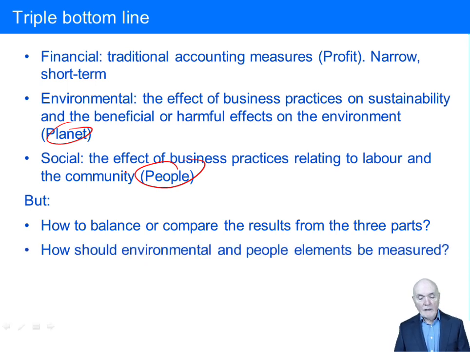Second problem that we need is how we're going to measure these. How do you measure a business's effect on the environment? The noise. You can measure the noise, but you don't know the impact it has on the environment. You can measure how much is taken into the business by way, say, of metal ore, but how much is left?